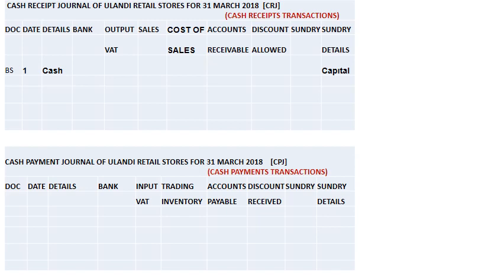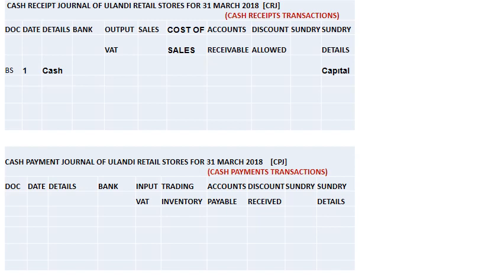The first column will be a source document column, followed by the date column, then the details column of the transaction, the bank where we will record amount including VAT, then the input VAT column for qualifying expenditure, the trading inventory column which will exclude VAT, the accounts payable column where we will record payments that are made to creditors, the discount received column if creditors allow us discounts, sundry column for exclusive amounts that will be paid once in a month.